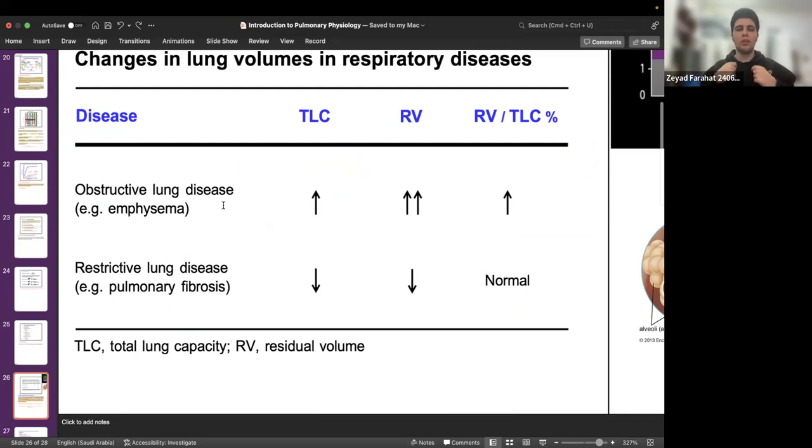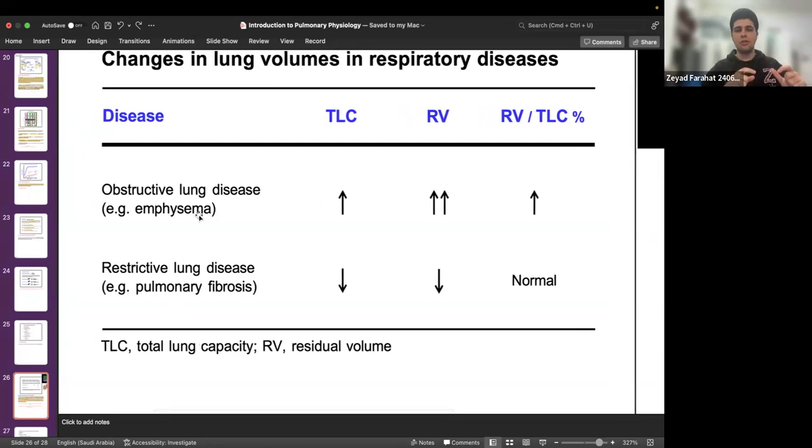But when you're doing expiration, the lung is too flimsy, the tissue is too thin that it becomes collapsed. So when it collapses, the air gets trapped and you can't expire the air out. So the RV increases as well. This trapped air adds to the residual volume, which is the minimum volume of the lung. So basically, you have trapped air in your lungs that you can't expire out.